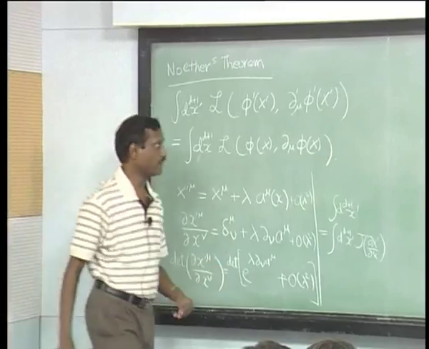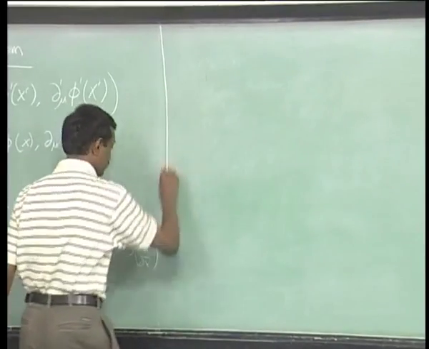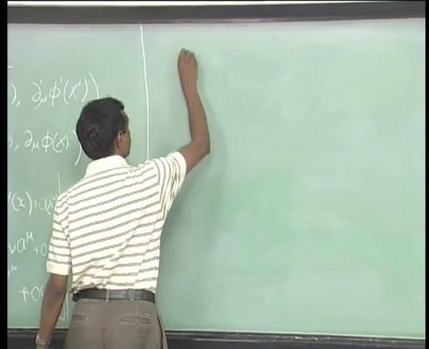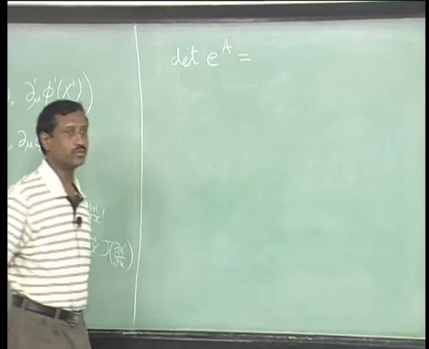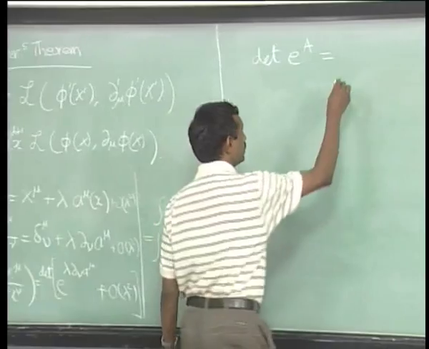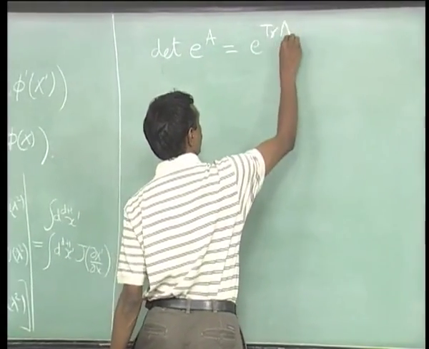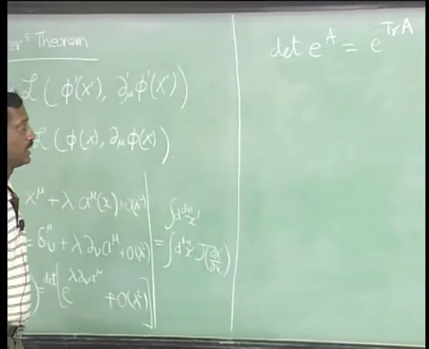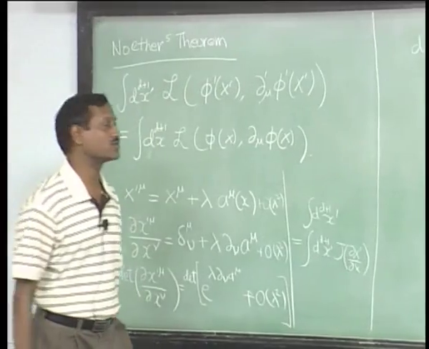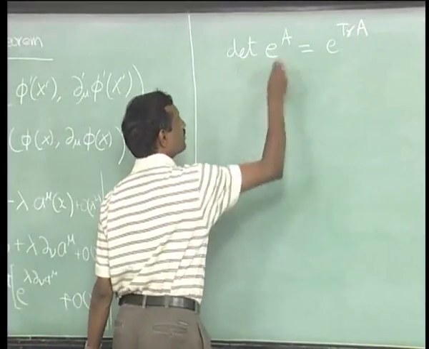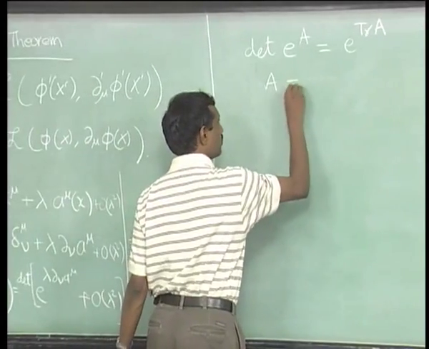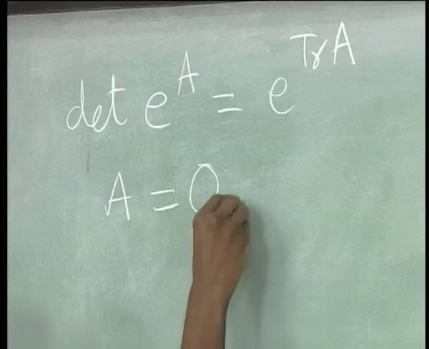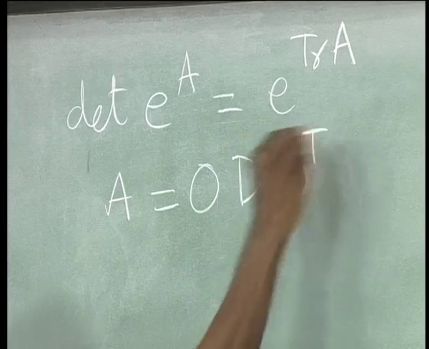But now I will use a simple formula which says that the determinant of any matrix e to the power A is equal to e to the power trace of the matrix A. The easy way to see this is to realize that if A is a symmetric matrix, for simplicity, you can always write it as some orthogonal matrix times a diagonal matrix times O transpose.